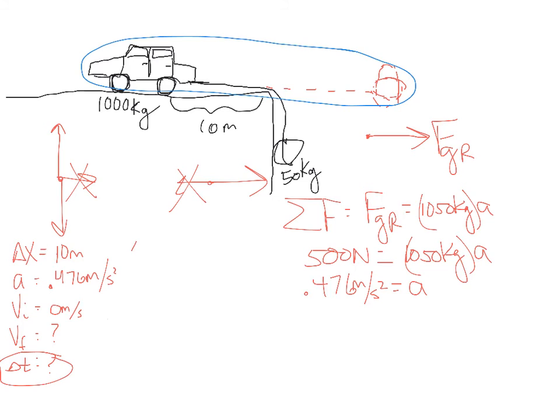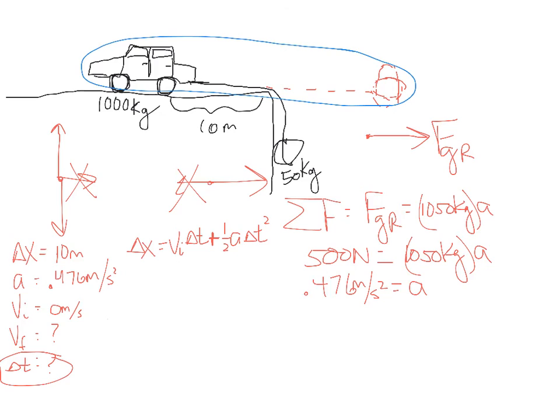I hope you're thinking about which one that would be. Delta X equals VI delta T plus 1/2 A delta T squared. There we go. Hope that's one you're thinking of.